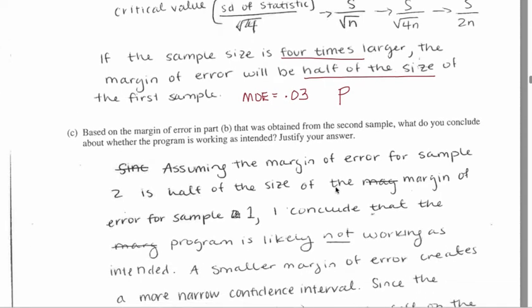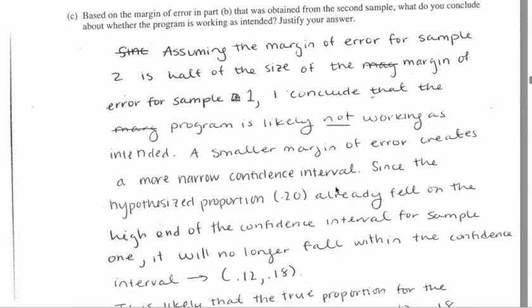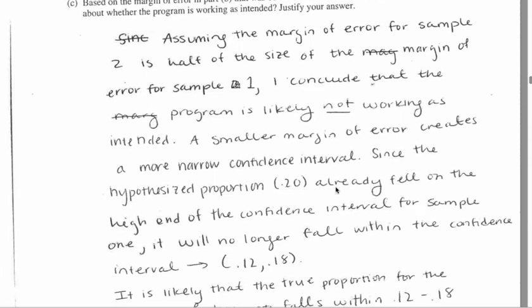So that's partially correct. And then finally, now that they have created a new interval, and so when you have a margin of error that's half the size, they're going to conclude that the program is likely not working as intended. The smaller margin of error is a more narrow confidence interval, and they still haven't really given a reason yet.